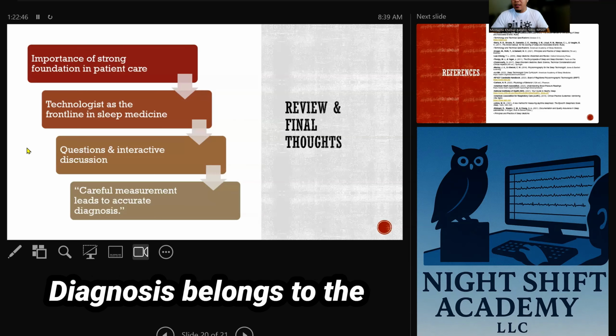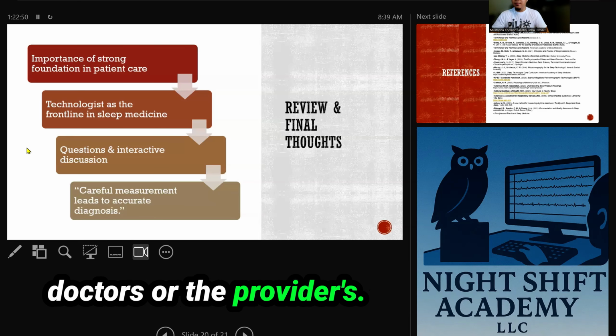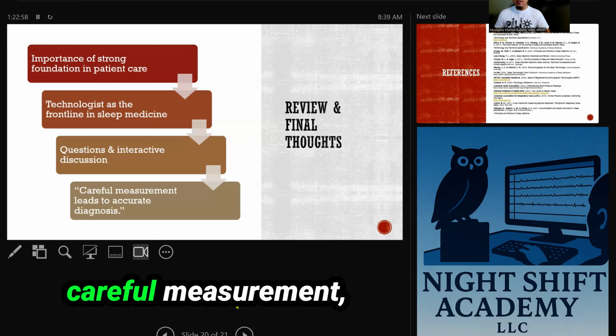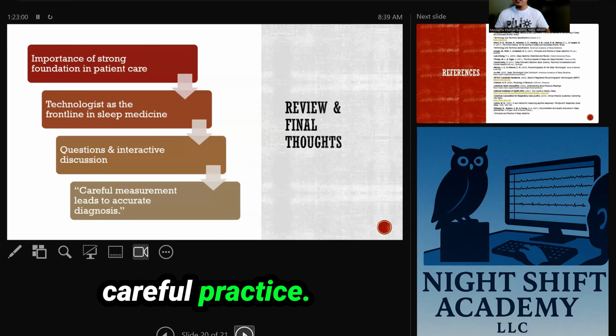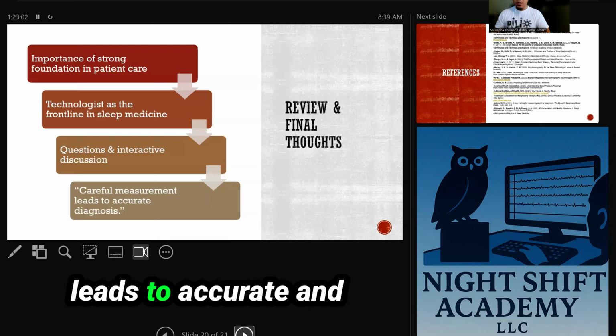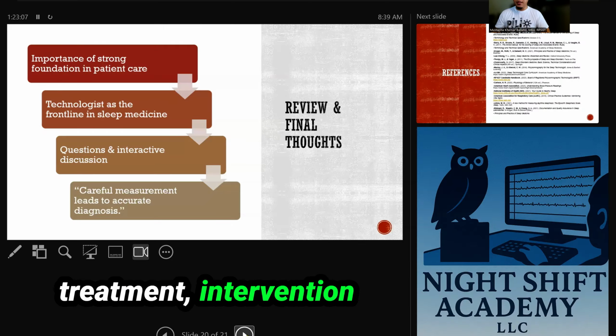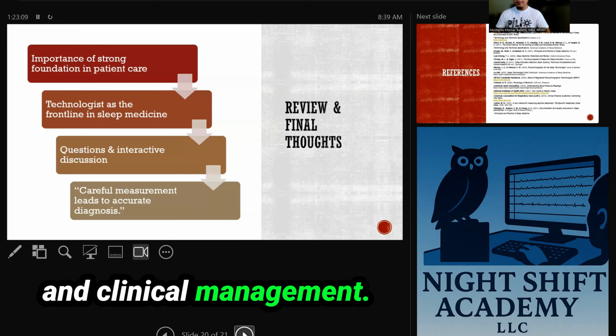I hope that's clear. Diagnosis belongs to the doctors or the providers' medical license, not from the techs. Careful measurement, careful practice of polysomnography leads to accurate and optimized diagnosis, treatment intervention, and clinical management.